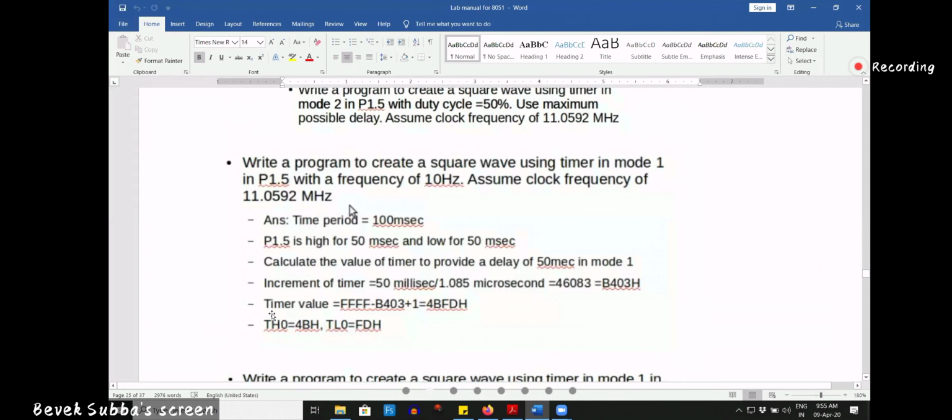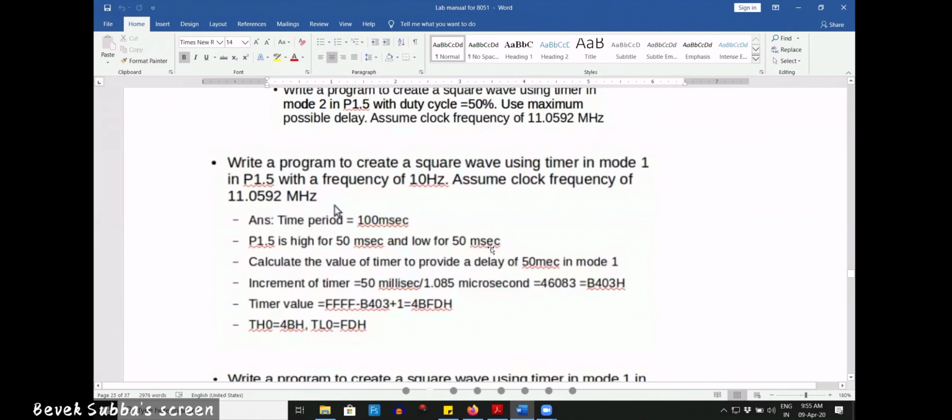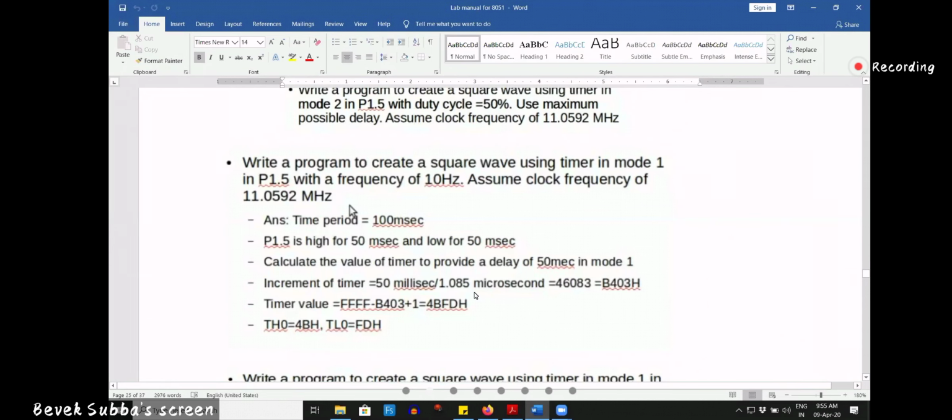Each tick of the timer should have a value. So for 50 millisecond, how much it should be, that means I'll divide this 50 millisecond by each tick. That value will be in decimal number. This one you have to convert in hexadecimal number.